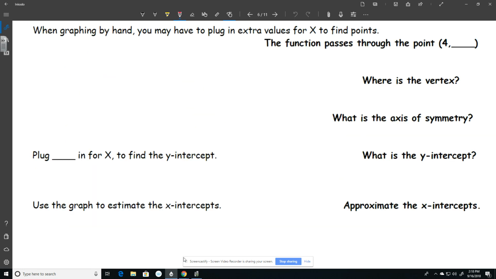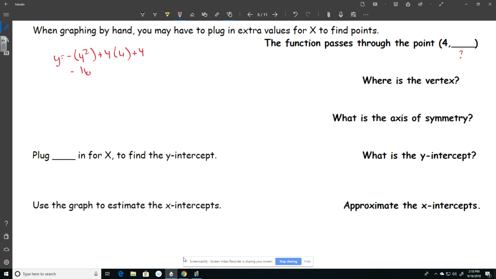Now the fun part. When we're graphing by hand, we have to plug in extra values for X sometimes. So if it wants us to know the function passes through the point when X equals 4, what does Y equal? I don't have a table to do that for me, so I have to plug that in to my function. So Y equals negative 4 squared plus 4 times 4 plus 4.